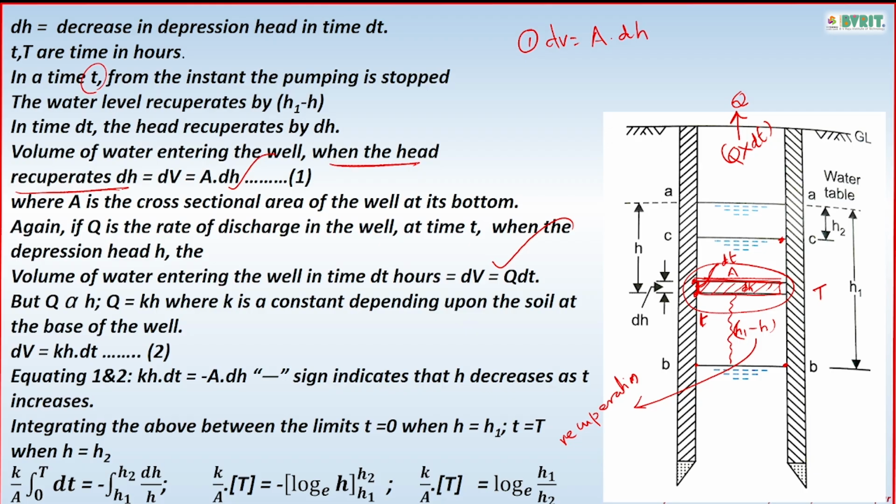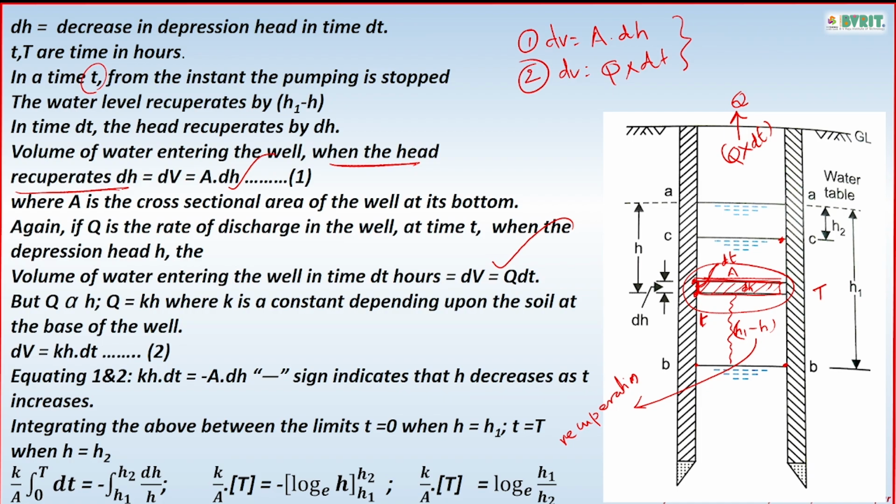This is one equation. What is the second equation? Whatever water has recuperated has to come out. If Q is the discharge in meter cube per second, in how much time did it recuperate? dt. So these are the two equations. If you equate these two and analyze it, you get the solution.